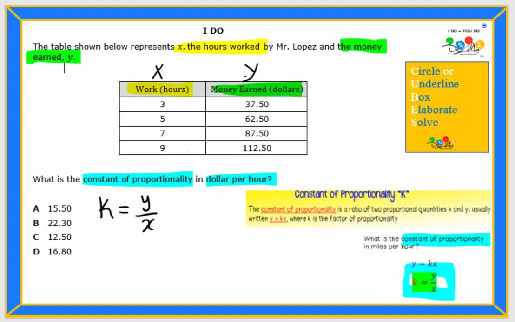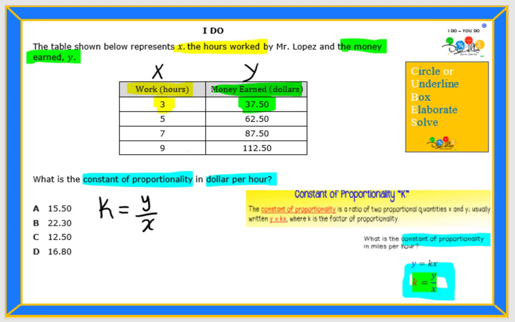In a story problem like the one we did last time, they just gave us one set of numbers. But here we have many sets to pick from. I'm just going to pick one. Usually, to make my math a little simpler, I will go with the lowest number. So 3 and 37.50. Remember that I want y on top. Don't get confused, okay?